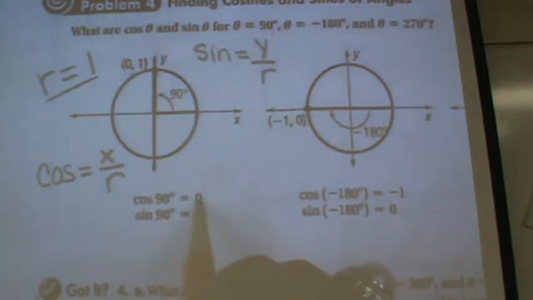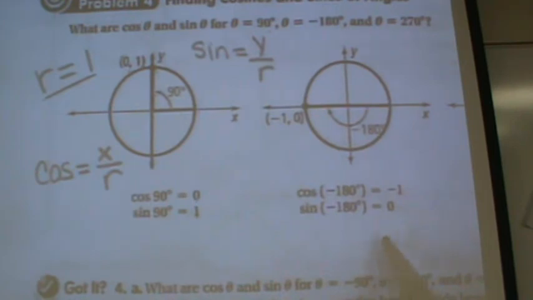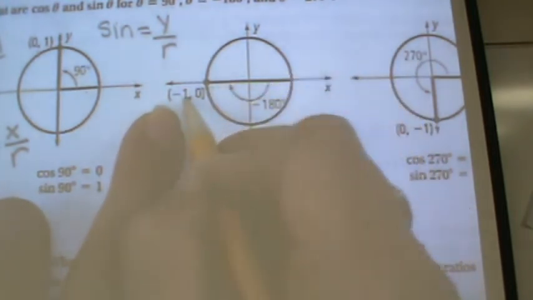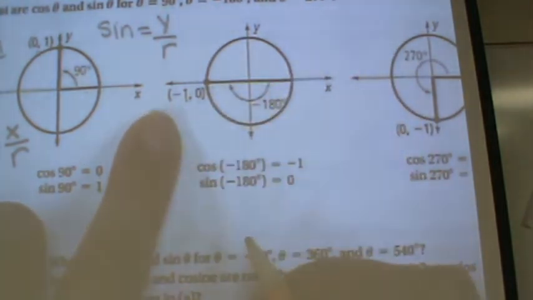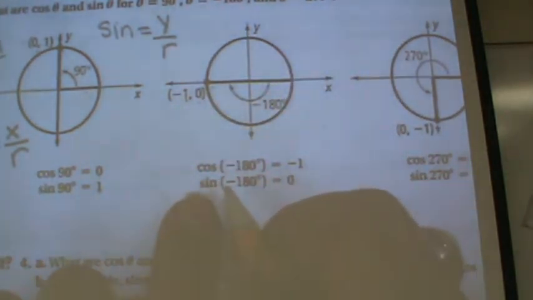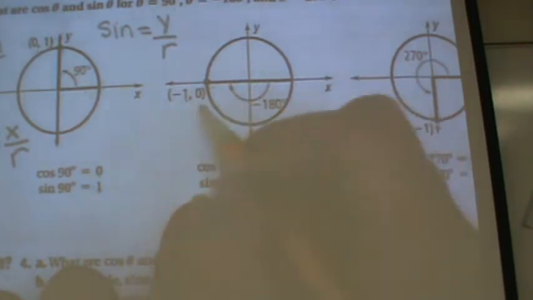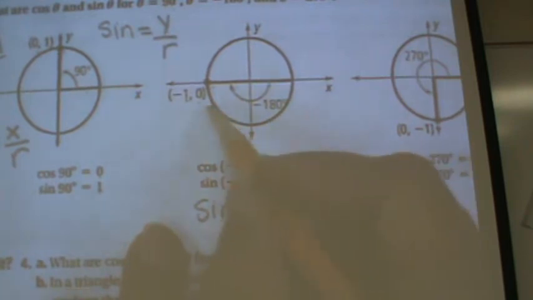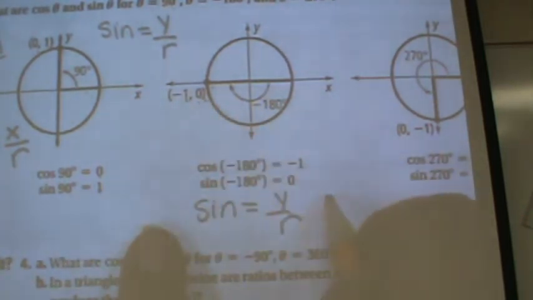Okay, now here's another one, negative 180. Here's negative 180 degrees. We are at the X value, negative 1, and the Y value, 0. So what's the sine of negative 180? Sine is Y over R. What's the Y value? 0. 0 over 1 is 0.